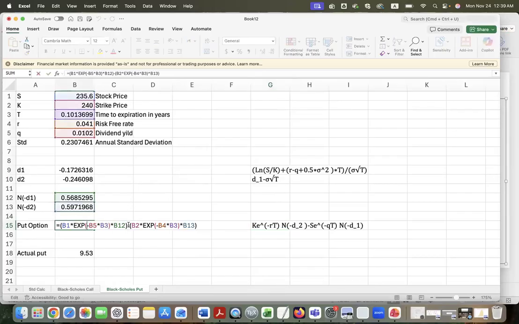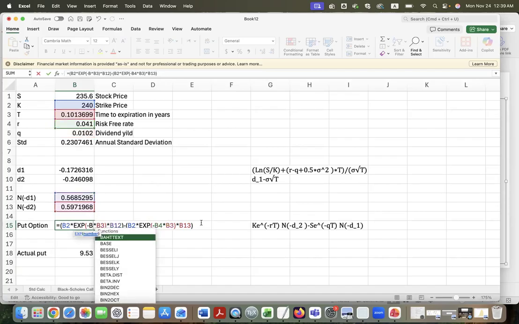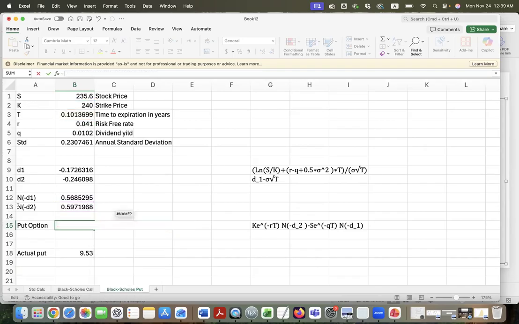Now I can say equals K. So here rather than D1, we have D2, times EXP negative RT, minus... How about I just do everything from the beginning?